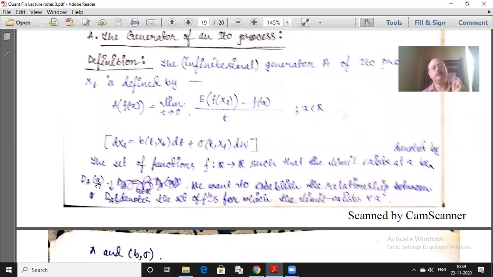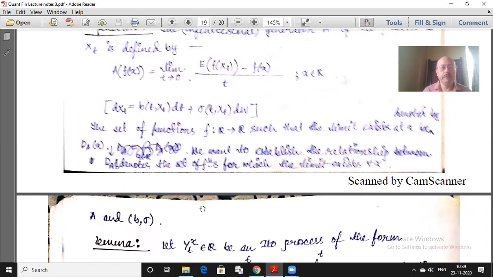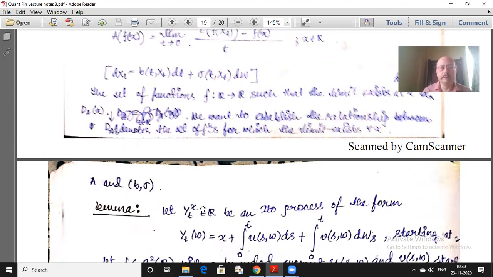Now, if we want a generic set of good functions, then this has to happen for all possible x. Wherever I may start the process, I should still make sense of this limit. So the final set of good functions is essentially the intersection of this D_A(x) over x belonging to R.